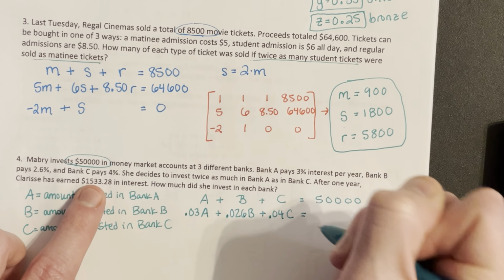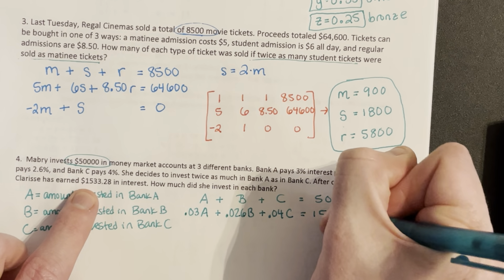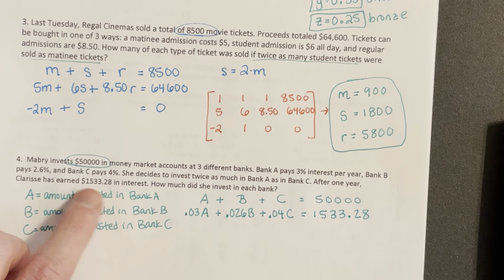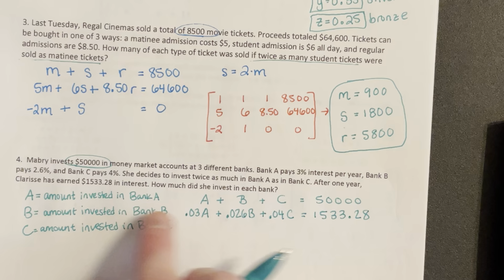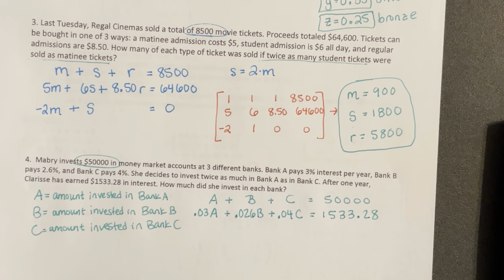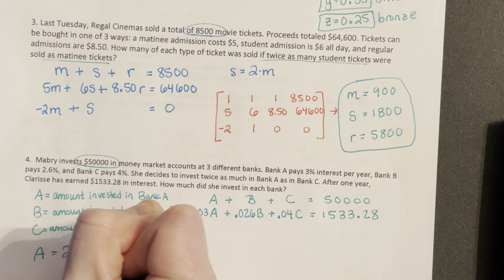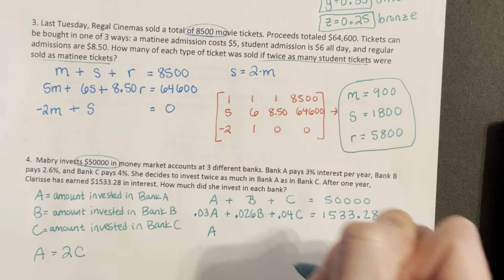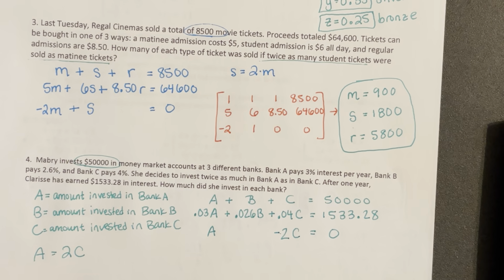That gave us a total interest of $1,533.28. The last thing is she decided to invest twice as much in bank A as she did in C. So A is 2 times C. If we work that out, I can write that as A minus 2C equals 0.